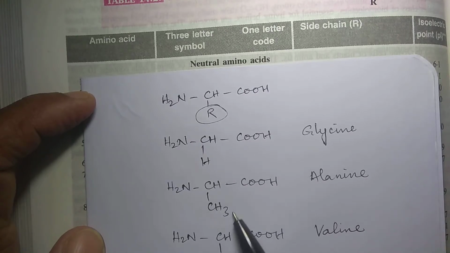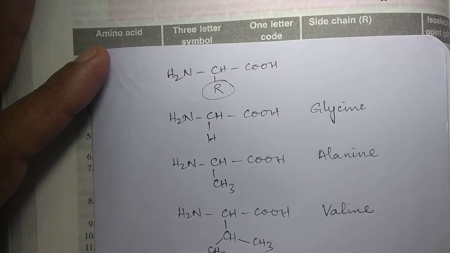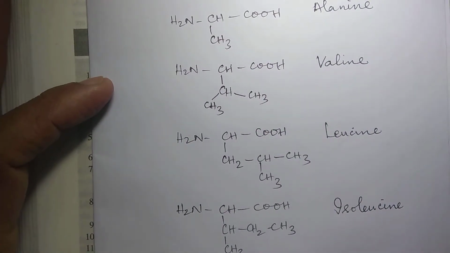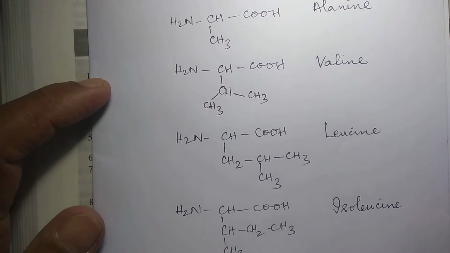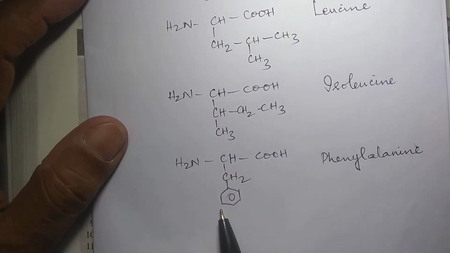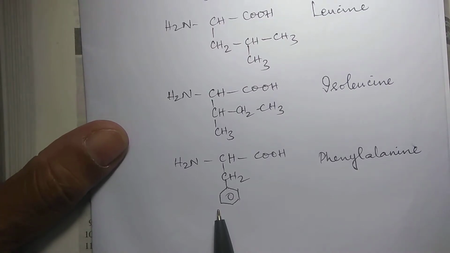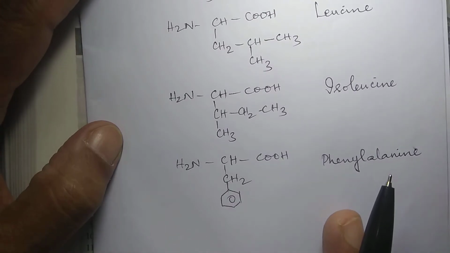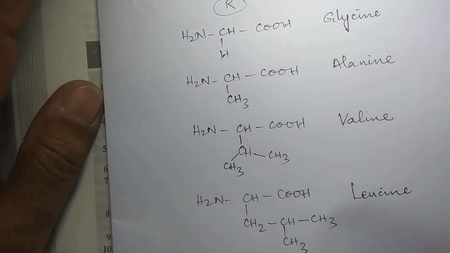Now in this, if one hydrogen of the CH3 group is replaced by a phenyl group, then it is called phenylalanine. I'm just giving you a few to explain what the basic structure is. No need to worry that you have to learn all the 20 structures.